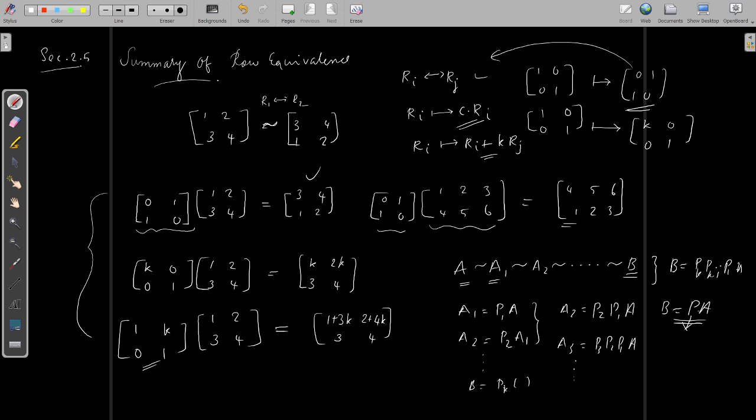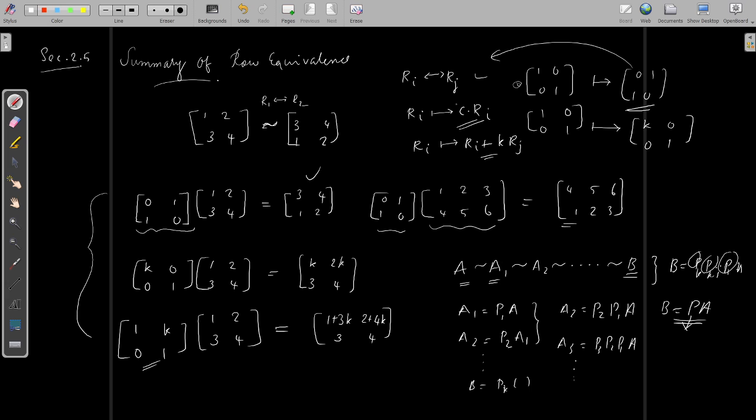This P is always a non-singular matrix, because it is a product of elementary matrices. These matrices are obtained by performing the same row transformations on the identity matrix. Since the identity matrix is non-singular, the corresponding row transformation never changes the nature of the determinant.